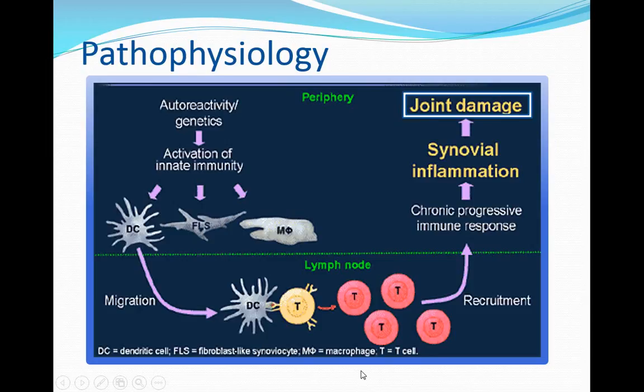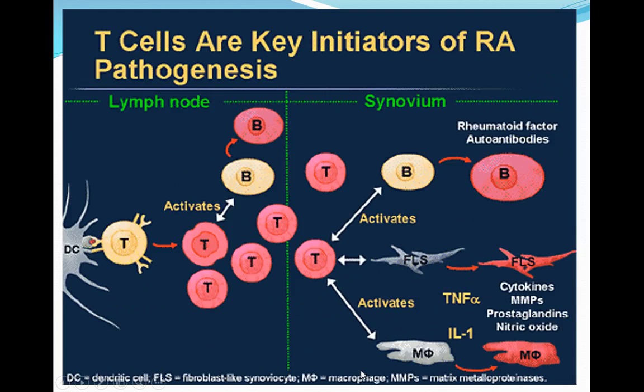From there, what happens is these T cells are produced in the lymph nodes and head off into the synovium, and they activate B cells, which then cause production of rheumatoid factor autoantibodies. They also activate the fibroblasts in the macrophages to release different cytokines.